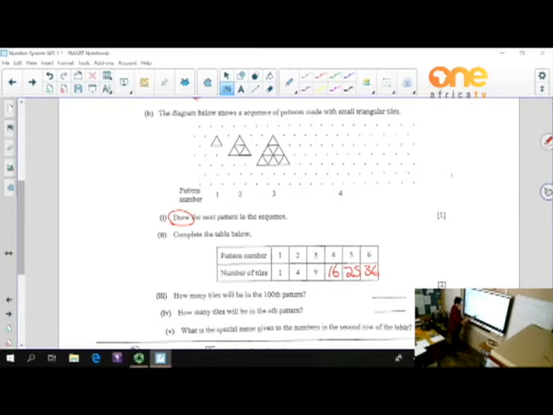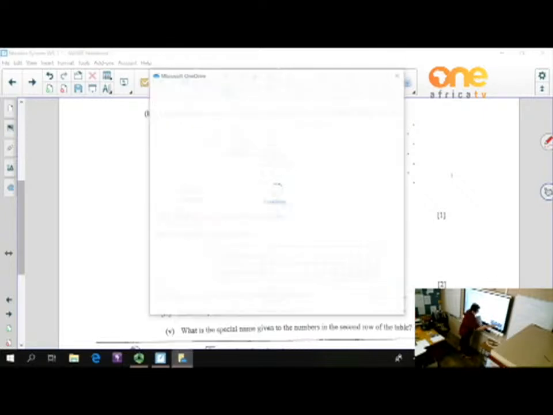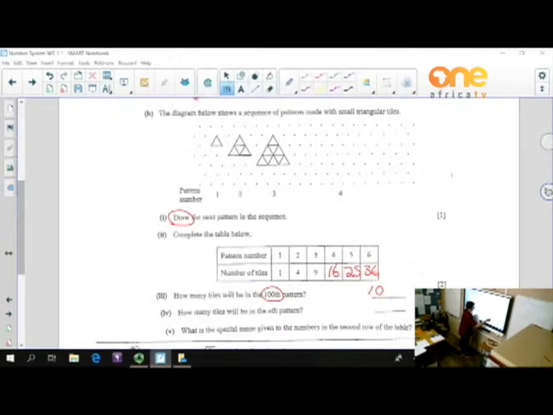So how many tiles will there be in the 100th pattern? So this is then this square number. So it means I square this one. So if we square 100, there will be 4 zeros. 1, 2, 3, 4 zeros that we will have there.